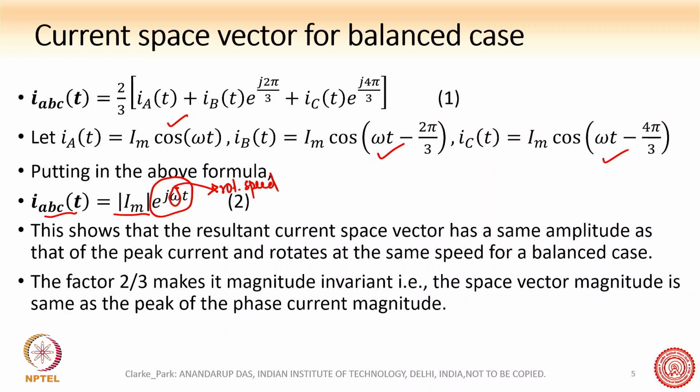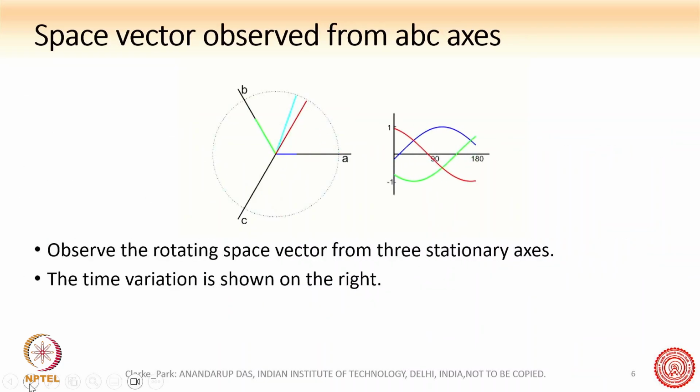Now what we will see here is an observation, an animation which shows how space vectors can be observed from different reference frames. Suppose I am standing on this axis, the A phase axis.